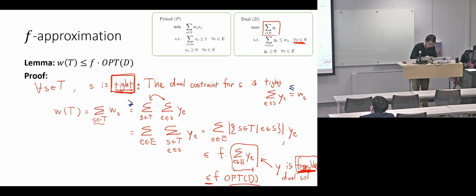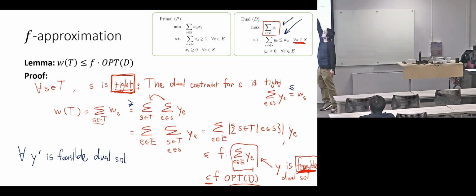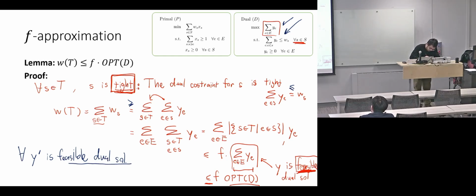For any y' that is feasible, let's say y' is a feasible dual solution, that is, y' satisfies all the dual constraints. OPT of D is what you get when you try to maximize the sum of y_e. So for all dual solutions, the sum of y'_e over all elements is at most the sum of y*_e, where y* is the optimal solution.